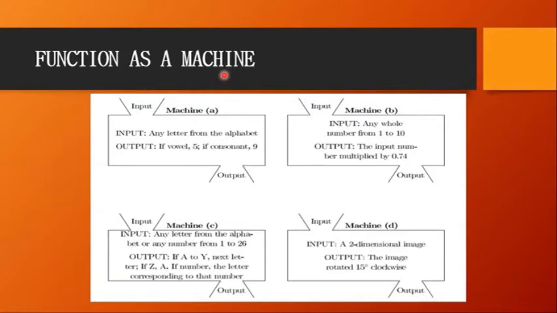First model natin is function as a machine wherein meron tayong input, meron tayong specific rule, and meron tayong output. Okay? Pero ang nakalagay lang dito is the domain. Yung domain na sinasabi ko, balikan natin yung definition. It is the set of values that the variable x can take. Okay?